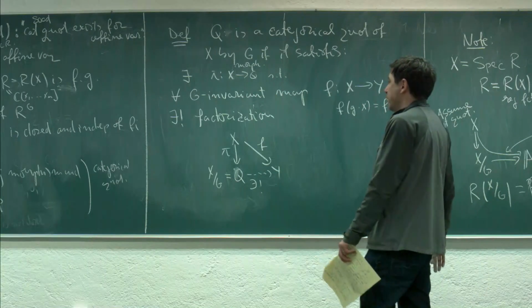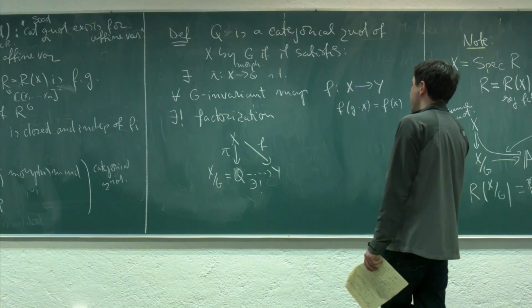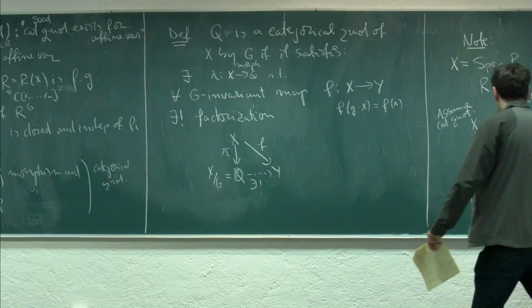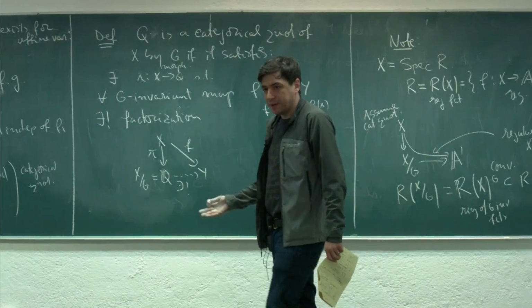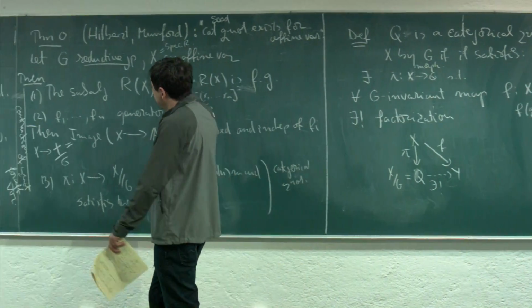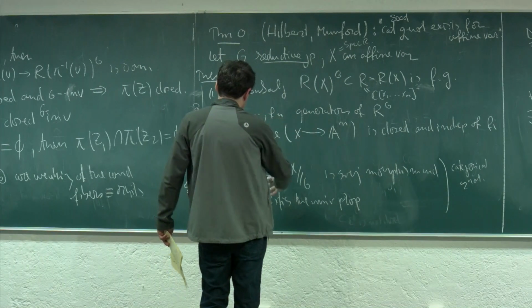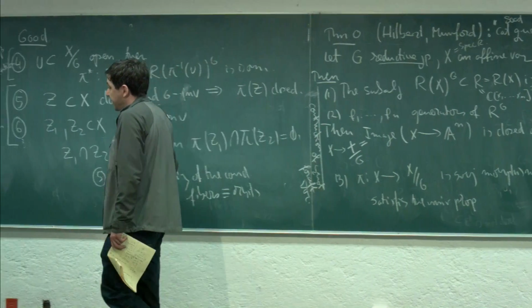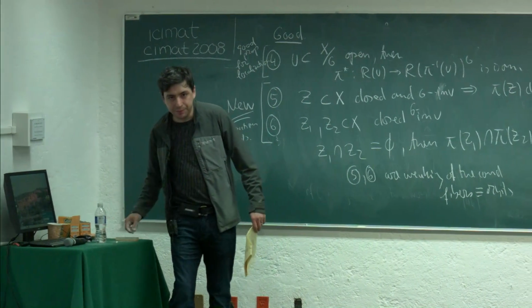So basically what I explained is that if you have a categorical quotient, then it has to be given by R^G. Now this construction, if you take the ring of invariant functions, gives you a categorical quotient, and in fact it also has this good localization property.